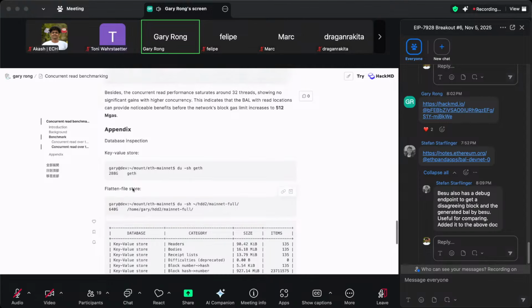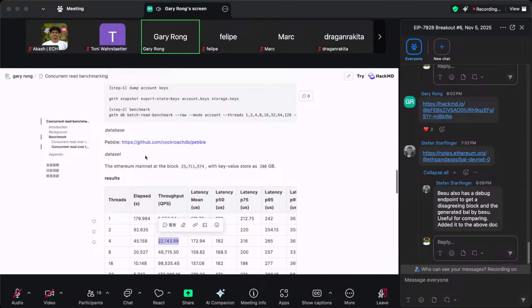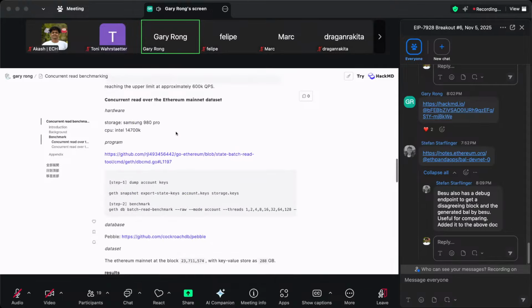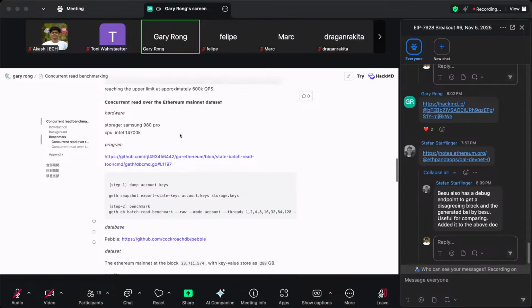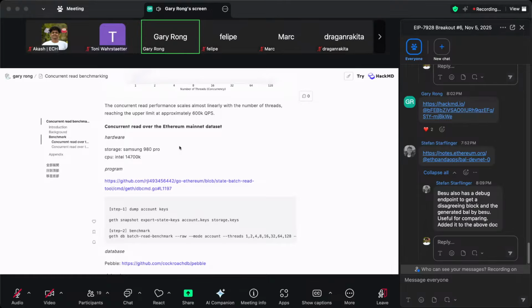I did link my benchmark program here, so if you want a reference implementation, you can check it out. Yeah, otherwise, I think that's it.